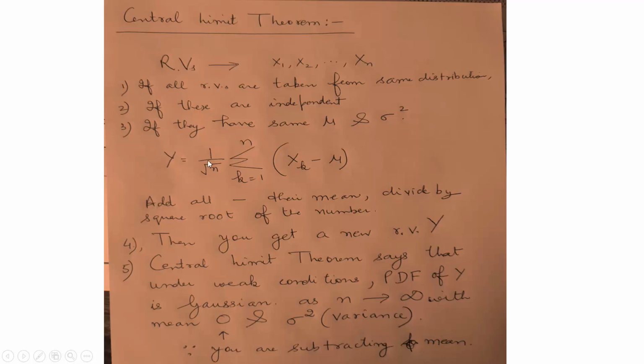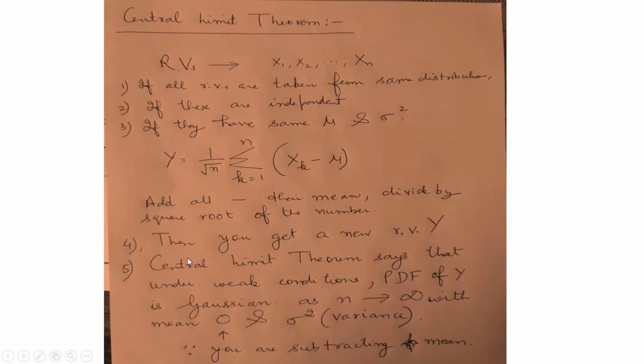if you add all the random variables, that means the sum for k going from 1 to n of the random variable values, and subtract their mean values, and divide by the square root of the number, then you get a new random variable, which is this y.